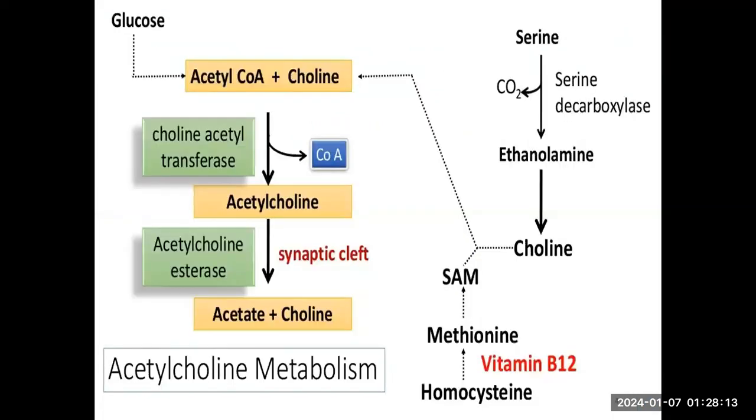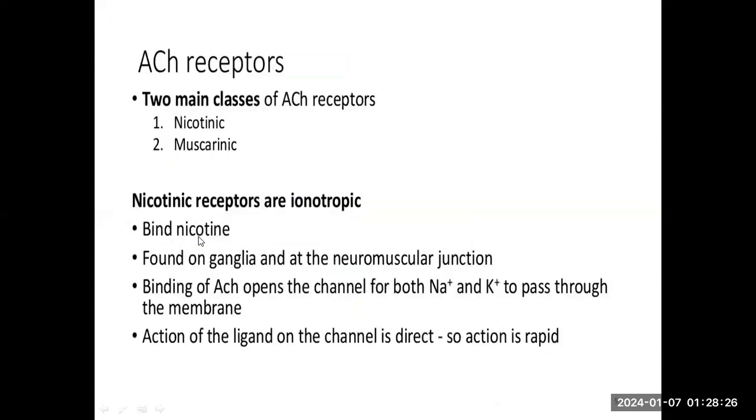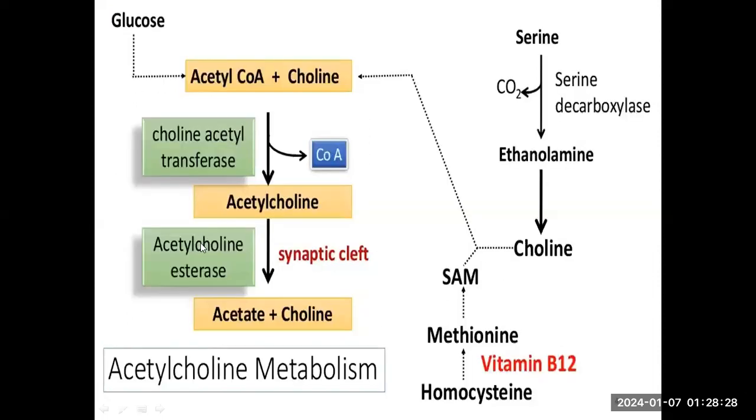There's another diagram that shows how it works. Glucose is converted to acetyl coenzyme A, which combines with choline, with removal of the CoA, and choline acetyltransferase makes the acetylcholine. Acetylcholine esterase in the synaptic cleft converts it into acetate and choline.